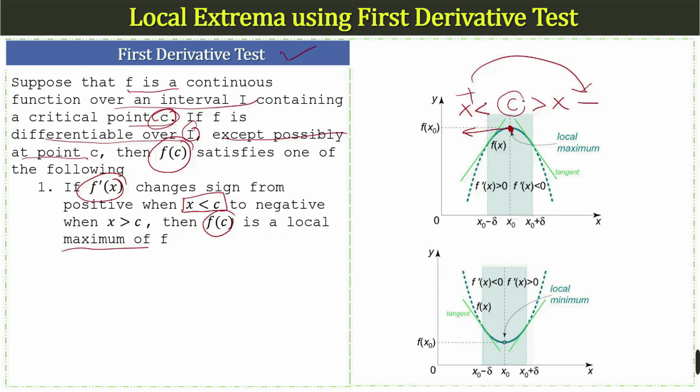This means at this critical point the function has a maximum value, that is local maximum.